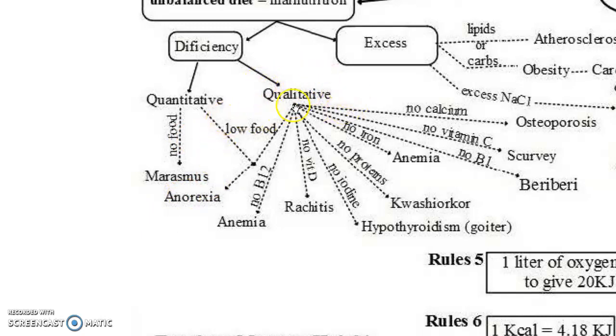Concerning the qualitative one, the qualitative amount of taking vitamin B12 can lead to anemia. So deficiency in vitamin B12 leads to anemia, while the deficiency of vitamin D leads to a disease called rachitis.